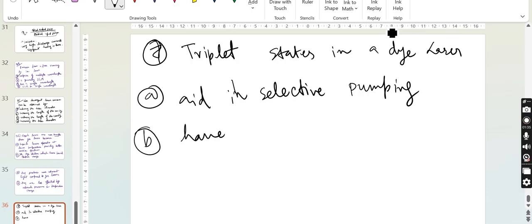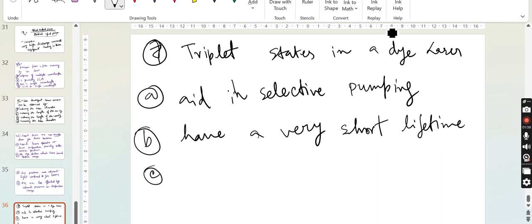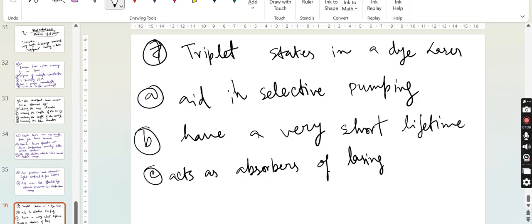That is also not true; that is a metastable state. C, act as absorbers of laser radiation. D, have no effect on the laser performance.